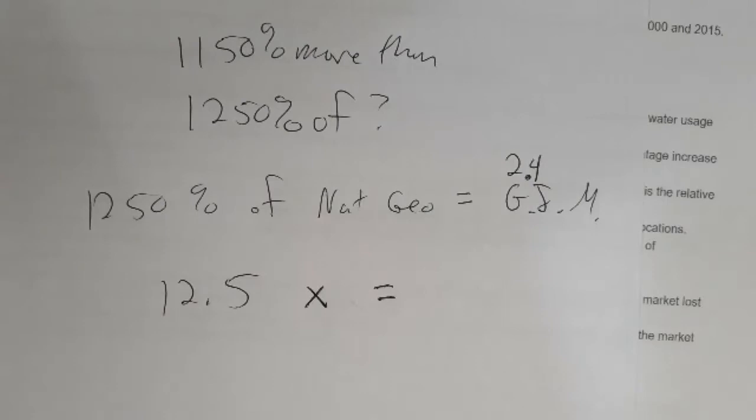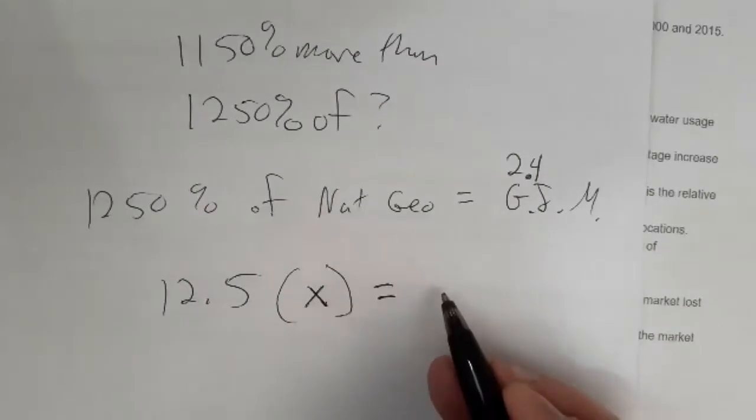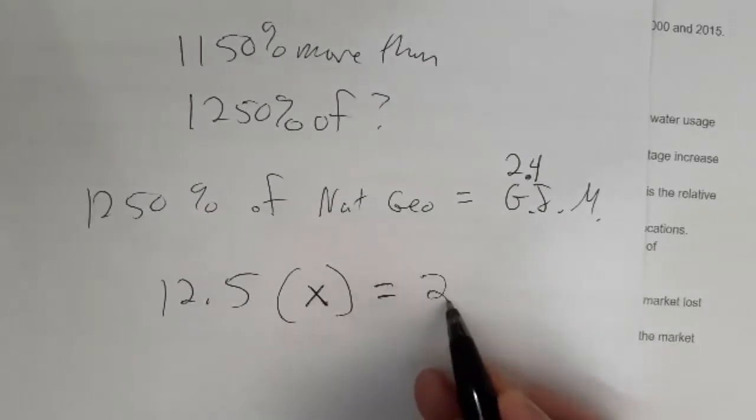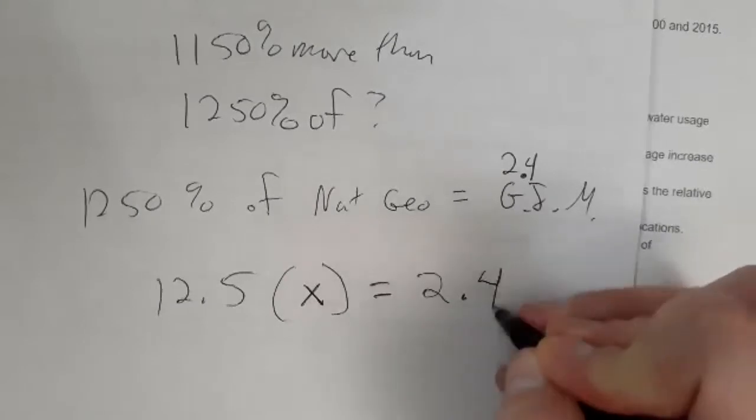Is that 12.5 times 2.4 or plus 2.4? No, it's 12.5, and that X is the National Geographic viewers, the thing we don't know that we want to know. And that should be equal to 2.4.